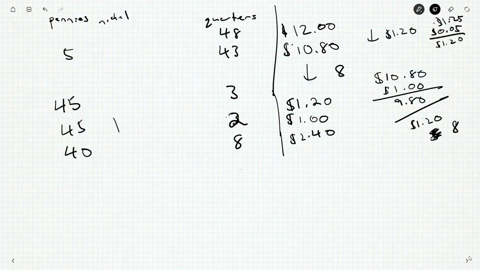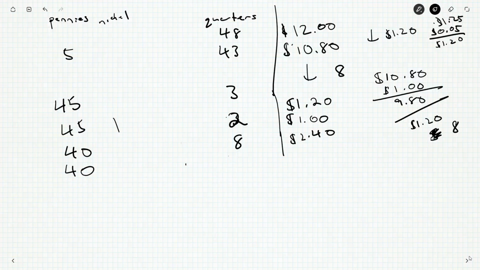Now I need to get rid of some of this, and let's say we put 4 of the quarters into dimes. We still have $1 in quarters, which is not good. So we need to convert more of them. 4 quarters is always $1. We have 3 of those quarters, and then 40 pennies. That's too much.